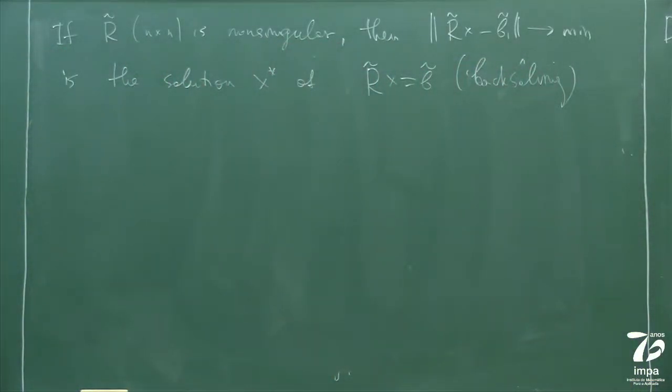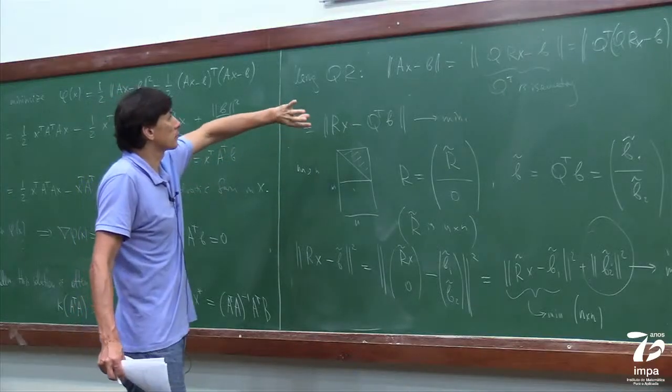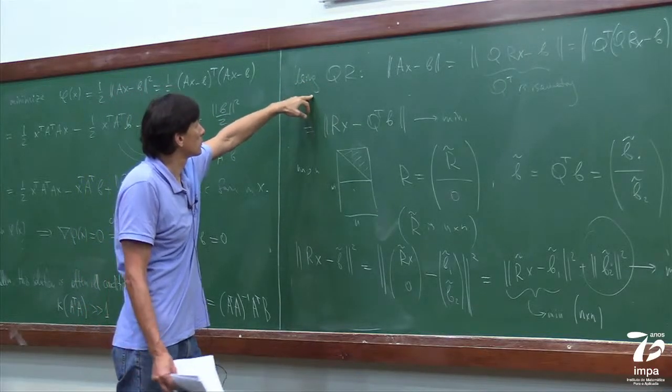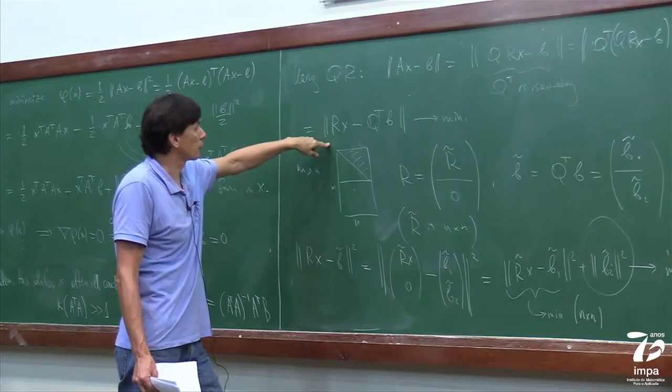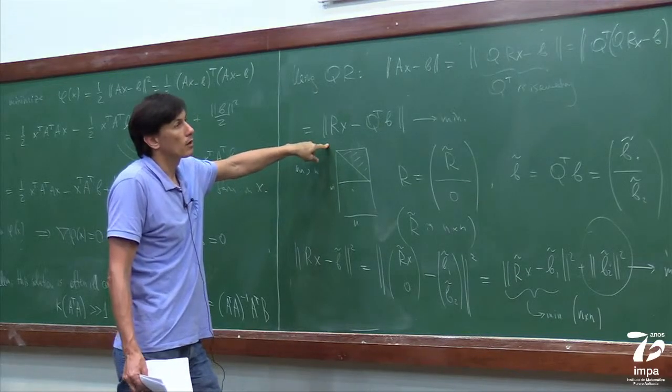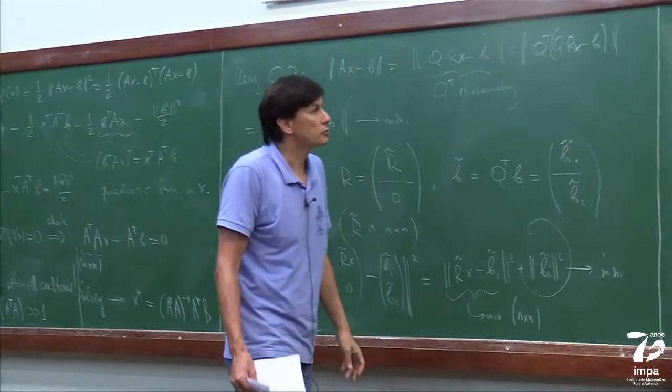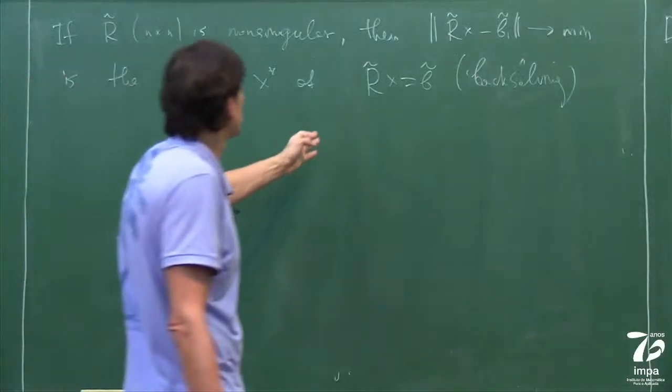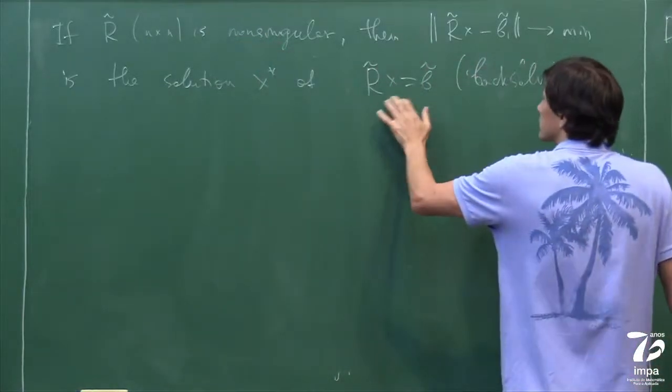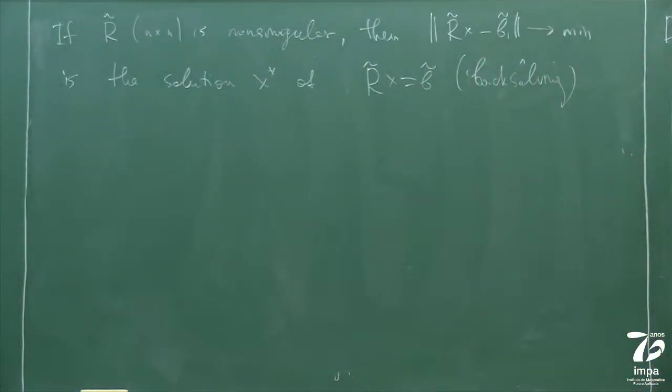Essentially, you use the fact that you can rotate the system to the upper triangular form, and then reduce it to a problem which is back solvable because it has upper triangular form.